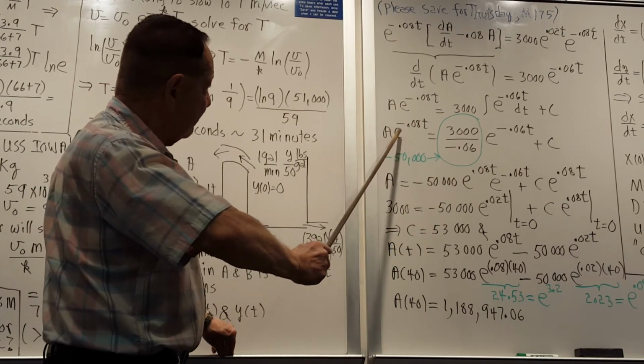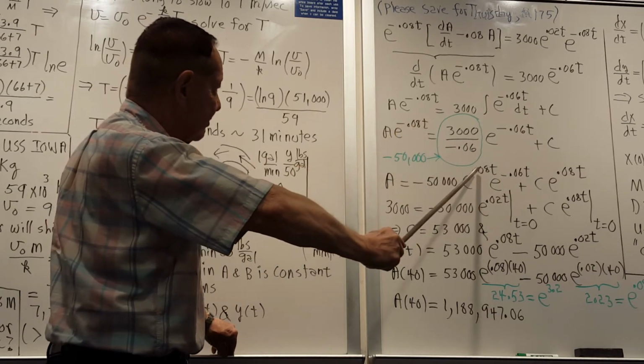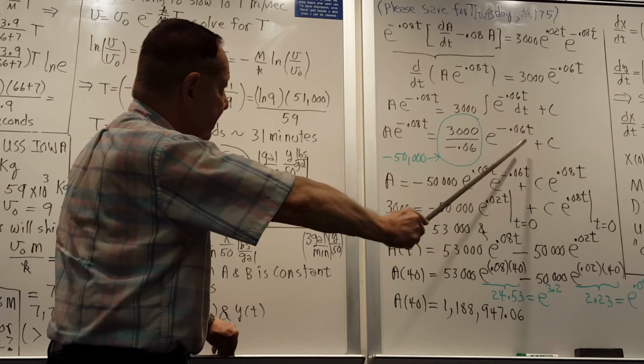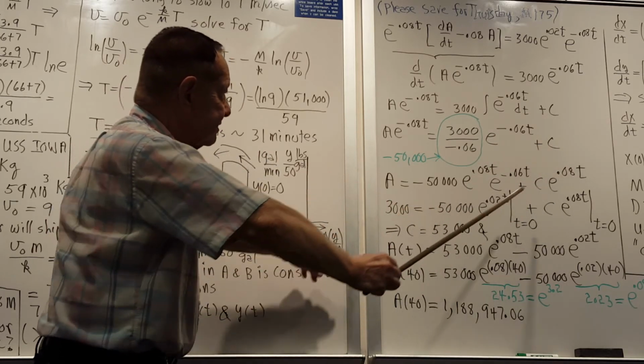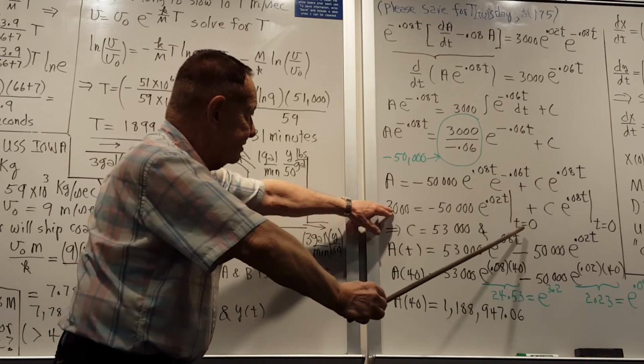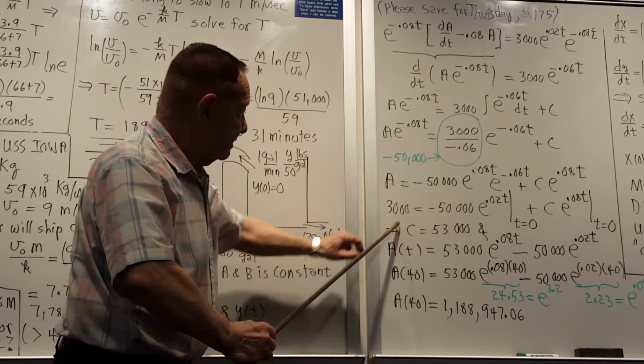And then to solve for A, you multiply both sides by e to the plus 0.08t, and the constant also. So then to get the constant at time 0, the A is 3,000.